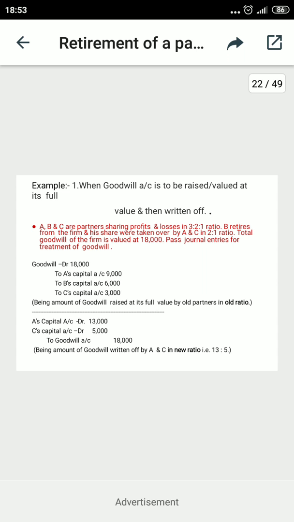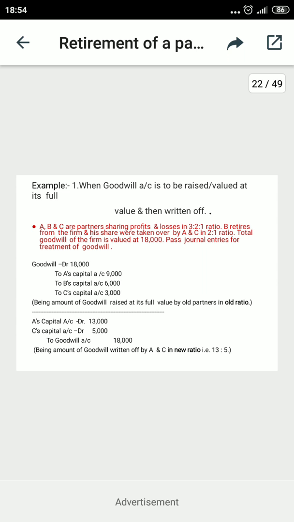This is your homework: calculate the new ratio where it is required. You should understand which ratio applies where. When the full value is applied, you need the full value of the goodwill and the old and new ratio. Gaining ratio is not required here.